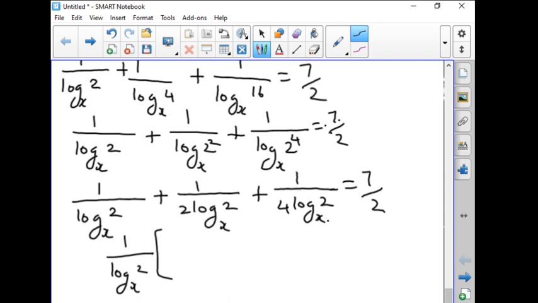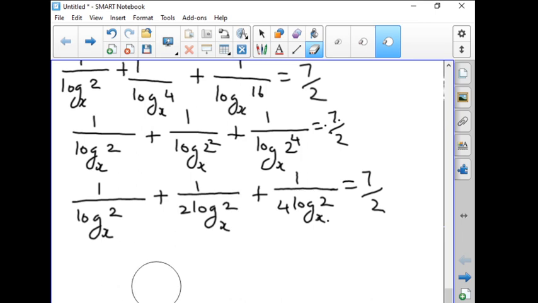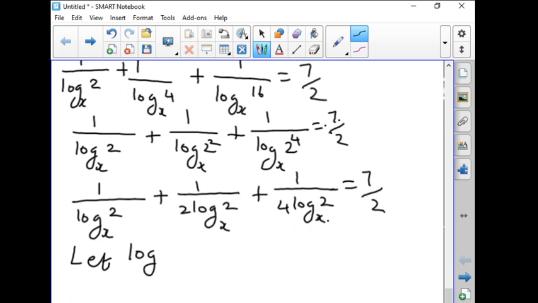Or we can do like this also. We will follow the book. So let log 2 to the base x is equal to a.